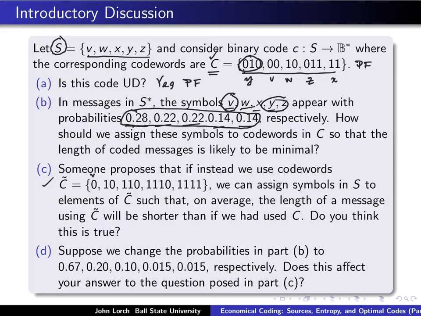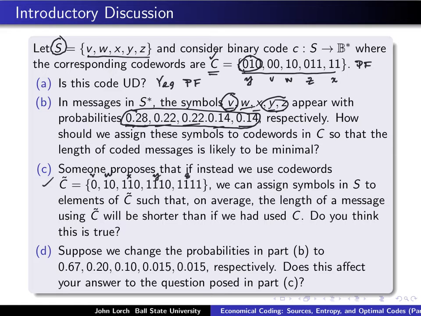And then the next commonly occurring one is 0.22, so that's W. And then in order, the next is X, so we assign X there. And then Y and Z are the least commonly occurring, and so they should be assigned to the longest code words.